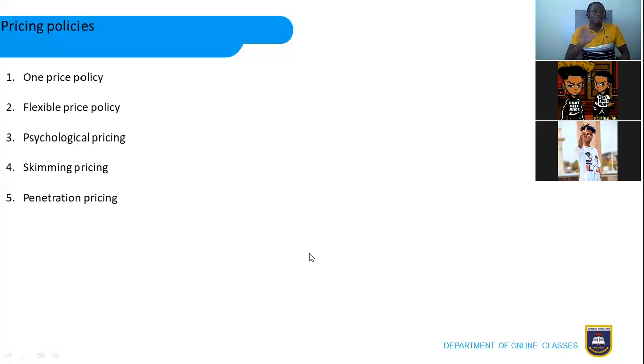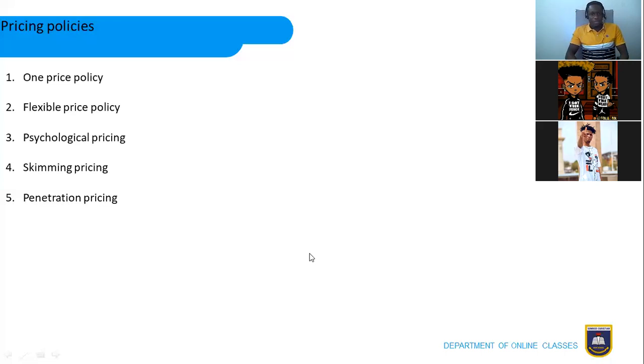Then the second aspect, usually what happens is that the price is fixed in order to give you a form of satisfaction. And sometimes this applies to luxury groups to some extent.